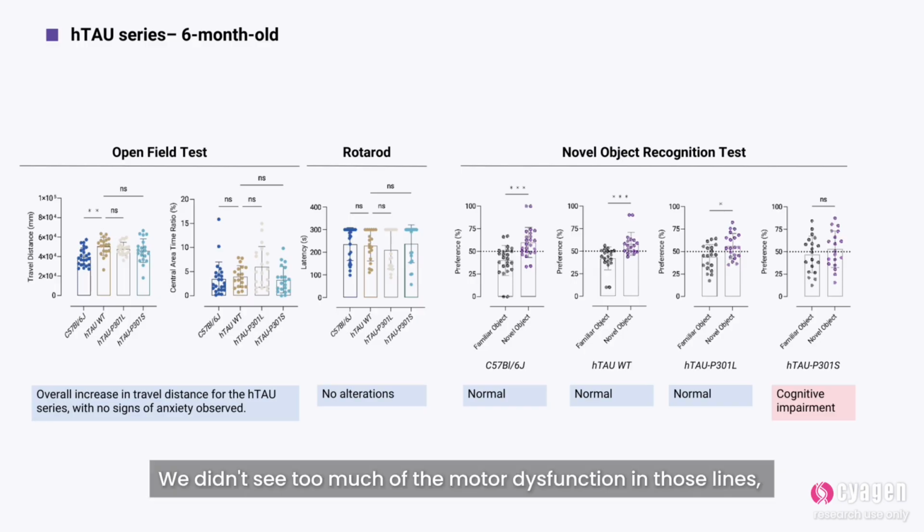We didn't see much motor dysfunction in those lines, compared to their own HUGO wild type or the black 6. But we did see some deficit in cognitive function, especially in the P301S mutation line. We didn't see anything in the P301L line at 6 months old.